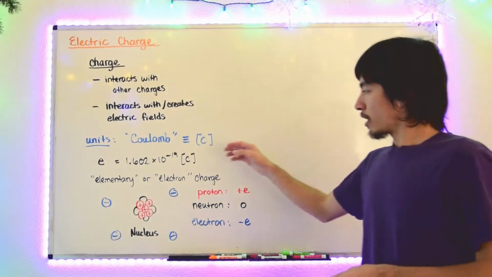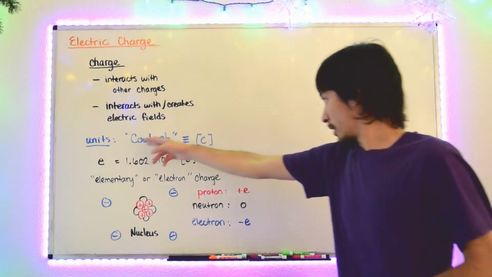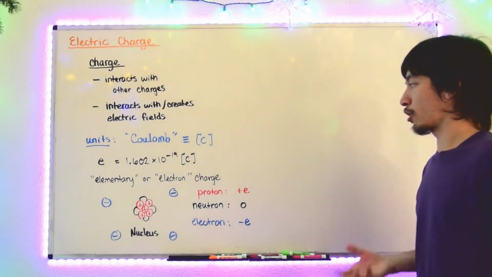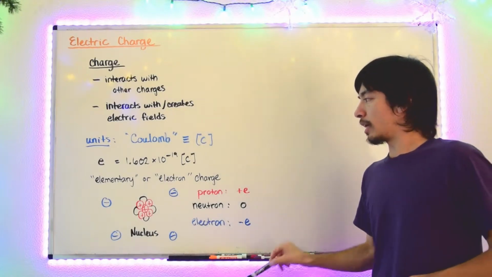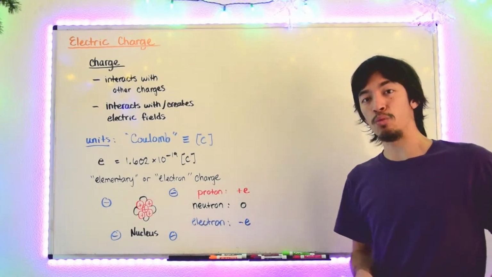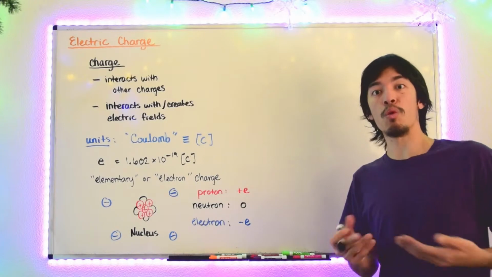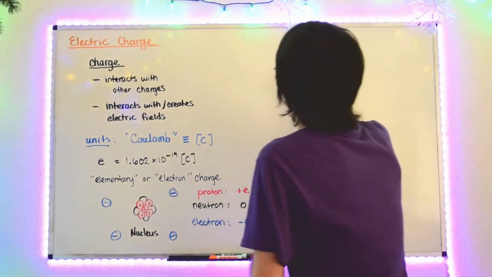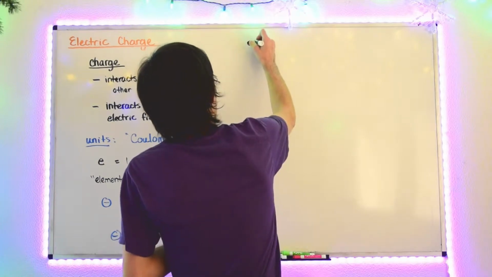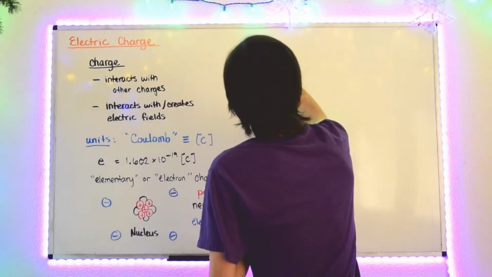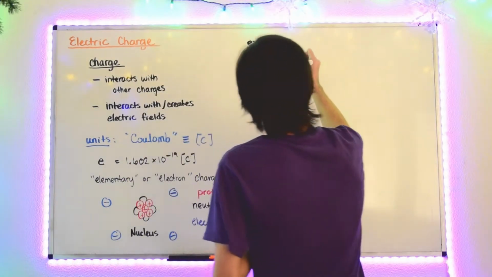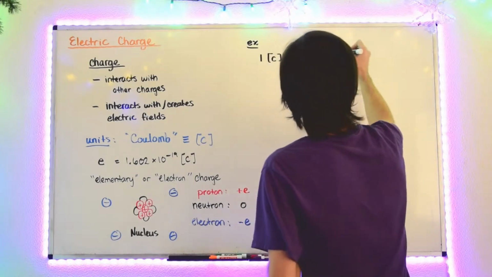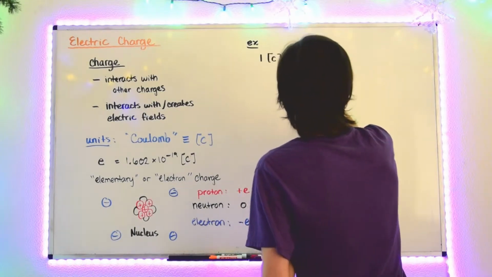So we notice that this is a really small number for the amount of charge in coulombs. So how much exactly is 1 coulomb of charge? If I were to have 1 coulomb of charge, is that a lot or is that a little? For example, we have 1 coulomb, and we want to know the number of protons or electrons that we're going to associate with that.